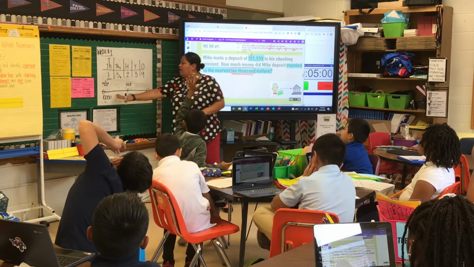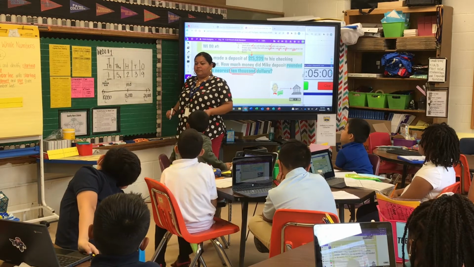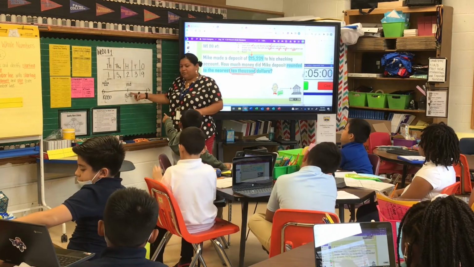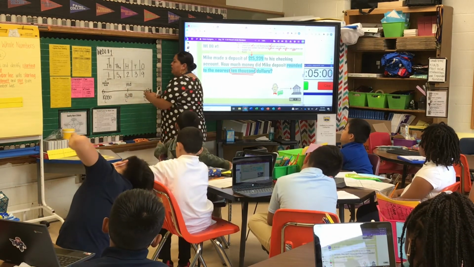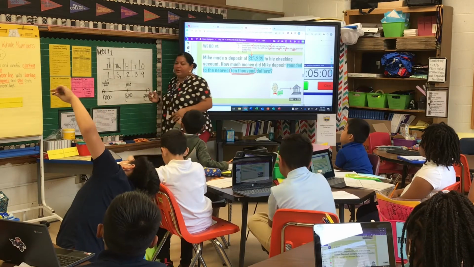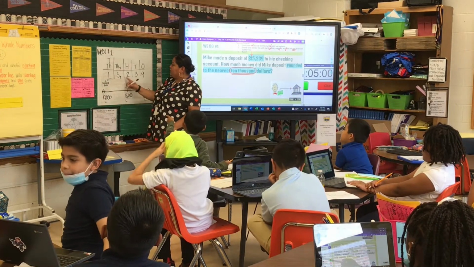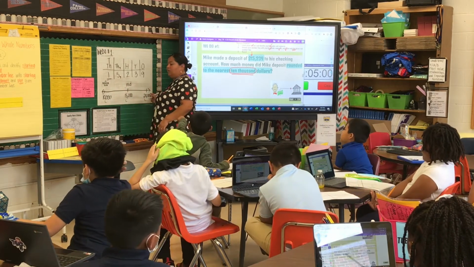Where am I going to plot it? On this number line. Leo? Right here? Okay, am I going to plot it to the left or the right of the midpoint? To the left, over here on this side? No? It's going to be on the right side.